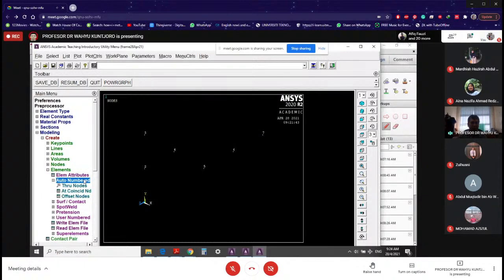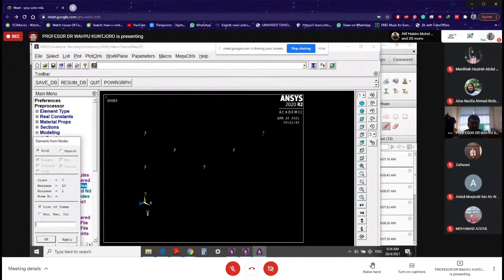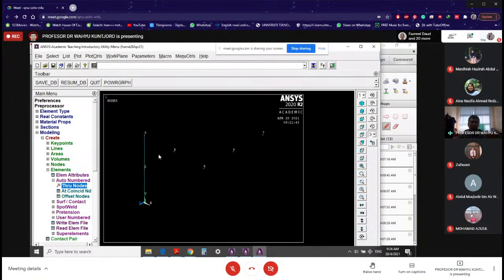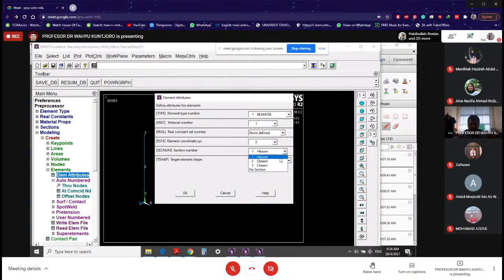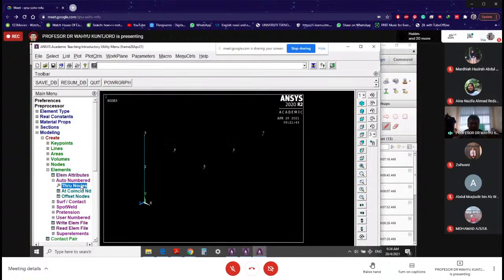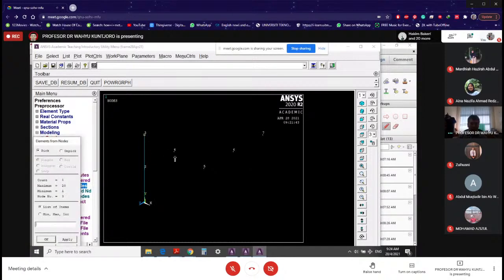All right, so auto number through nodes, like this from 1 to 2 apply, and from 2 to 3 I click OK. Now let's go to 3, 4, and 4, 5. But now it is going to be based on a circular tube. I click again, element attributes, and I change this. Through nodes, 3 to 4, 4 to 5.